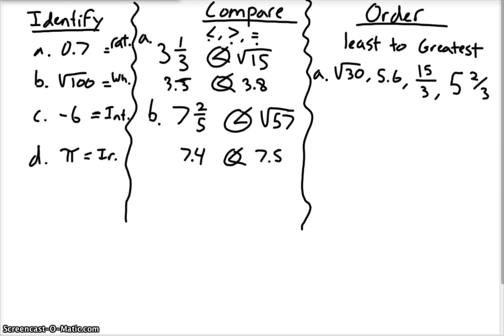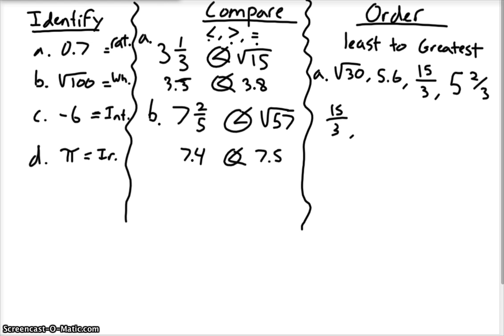So I've got the square root of 30 is 5.4. So right now that's my front runner. Then I have 5.6. 15 divided by 3 is 5. So that's actually my smallest. Then I know that 5 2/3 is going to be 5.666666, repeating forever.